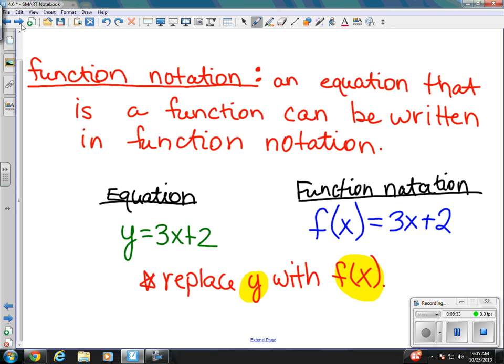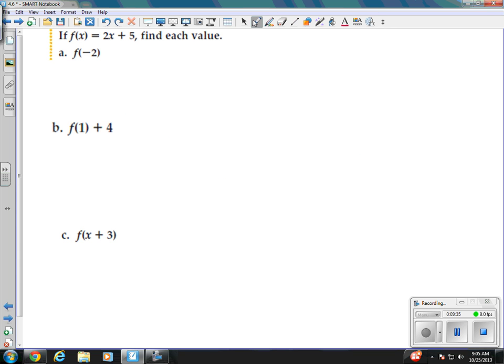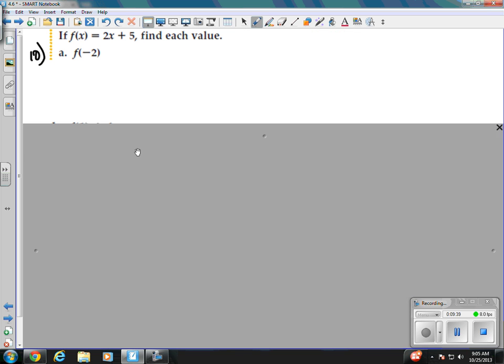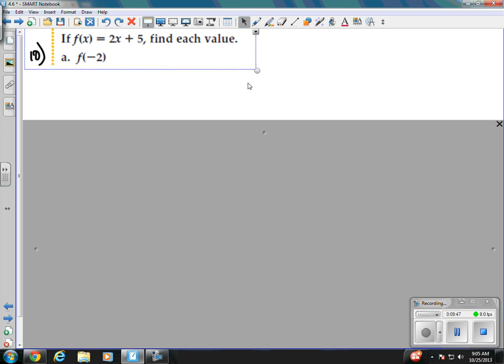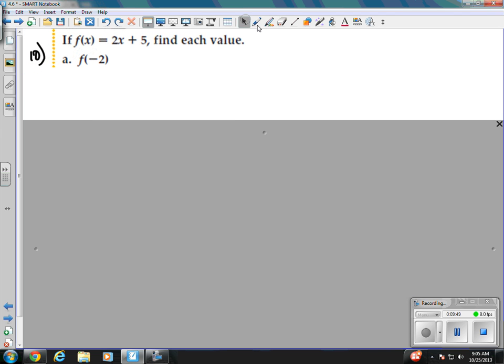So let's look at some examples of function notation. Example 10. Alright, we're given, if f of x equals 2x plus 5, find each value. And for part A, we're asked to find it for f of negative 2.